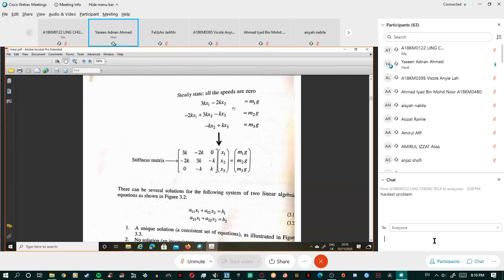Then you have to form this matrix Ax equals B. After that, you can apply whatever method you like. They will obviously say that you just apply the Gauss elimination or Gauss-Jordan elimination. Most of the time, we consider one elimination and compare with one iteration. That is the main strategy.